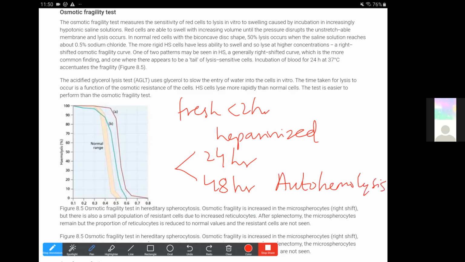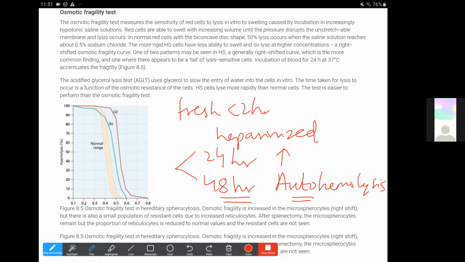In this 24 hours incubation at 37 degrees centigrade, there will be increased hemolysis, and then at 48 hours there is autohemolysis. So without adding any additive or hypotonic saline, within 48 hours autohemolysis will occur, and this autohemolysis can be corrected with the addition of glucose.